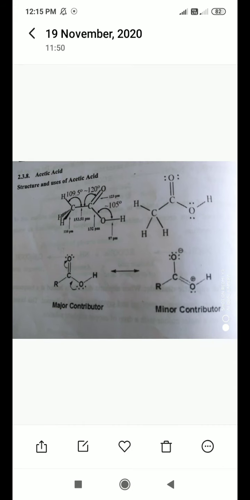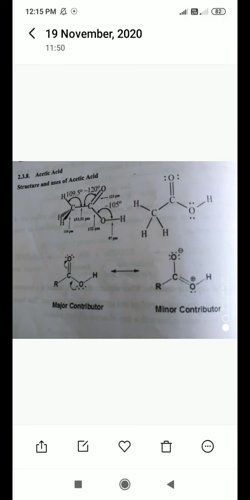Here the angle between this oxygen and that carbon double bond is 120 degrees, whereas the angle between carbon hydrogen to carbon double bond is 109.5 degrees. And in this OH, the angle between the hydrogen atom to the carbon oxygen atom is 105 degrees, and these are some bond lengths which are mentioned here.